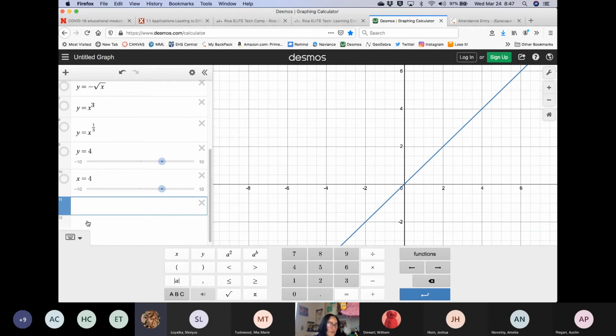Can anybody think of another one? Is it the parent rational function? Okay, so what would that be? y equals, what's the parent rational function? 1 over x.